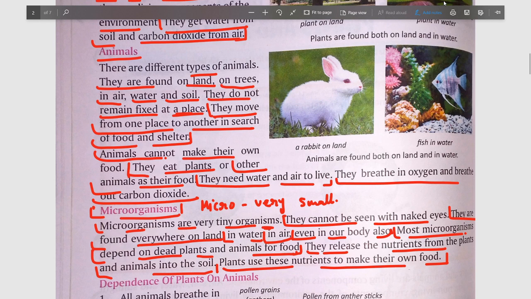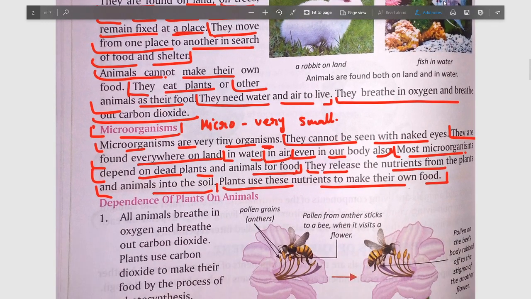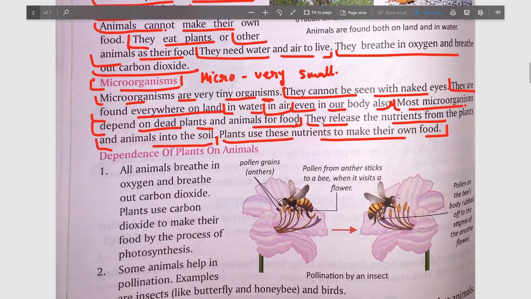They decompose those dead animal bodies or dead plant bodies, and after decomposing them, they break them down into different nutrients, and these nutrients are used by the living plants. So you can see that in this way also plants depend on the microorganisms.